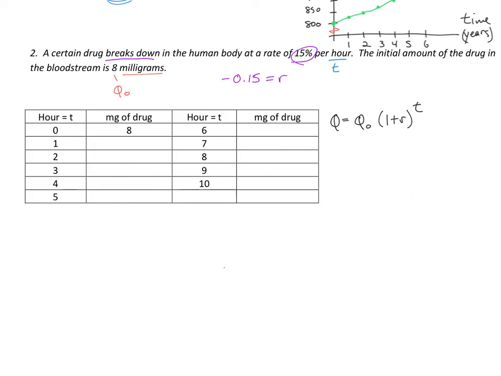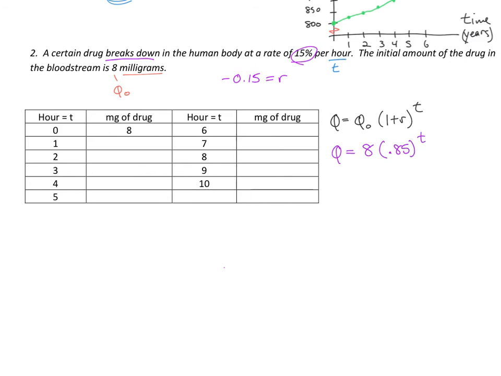So if we combine this negative 0.15 and 1, we will get 0.85 for our number inside the parentheses here. So the full equation would be Q equals 8 times 0.85 to the T power.